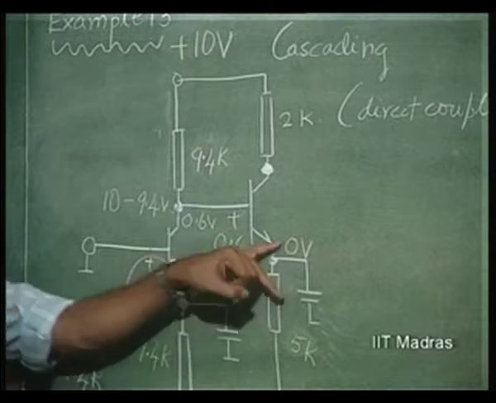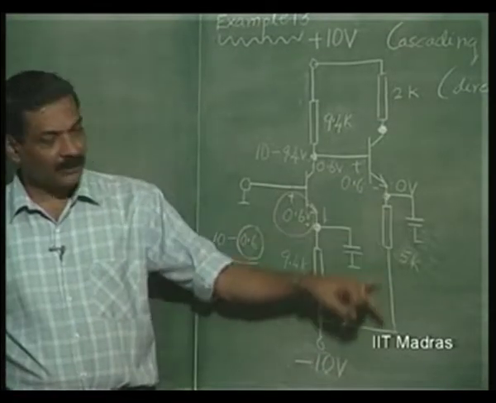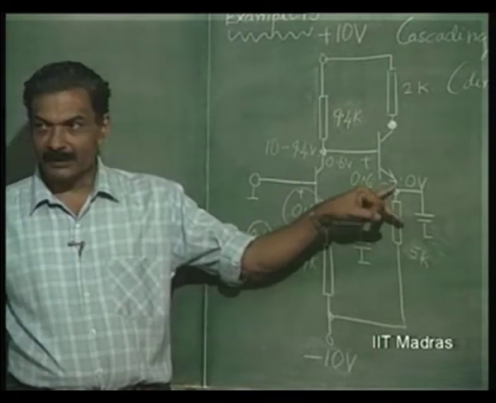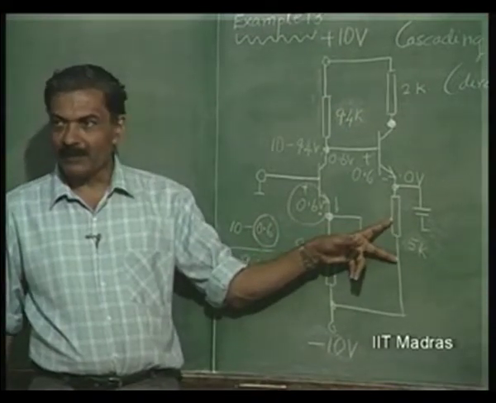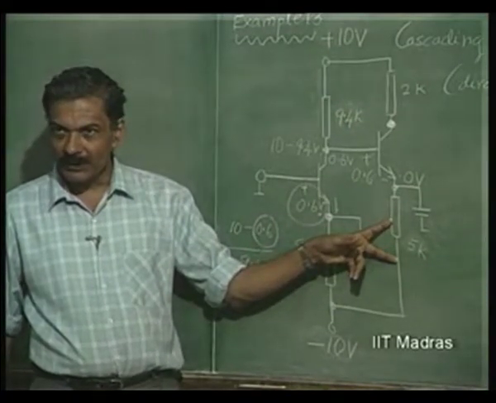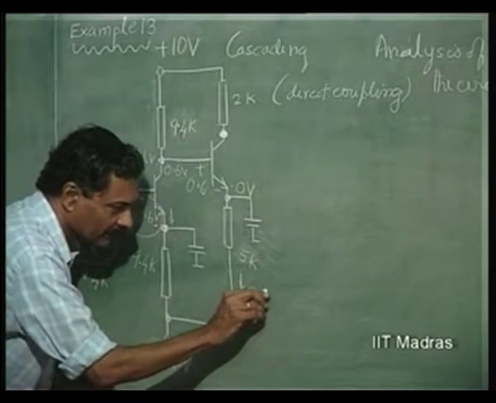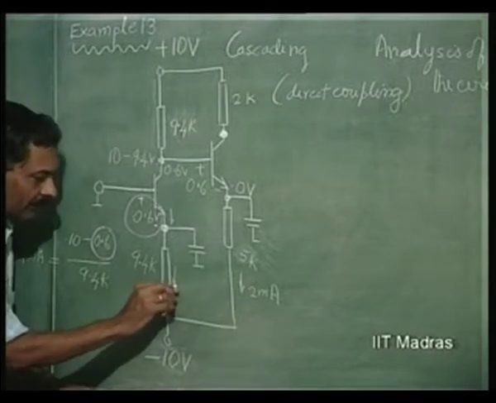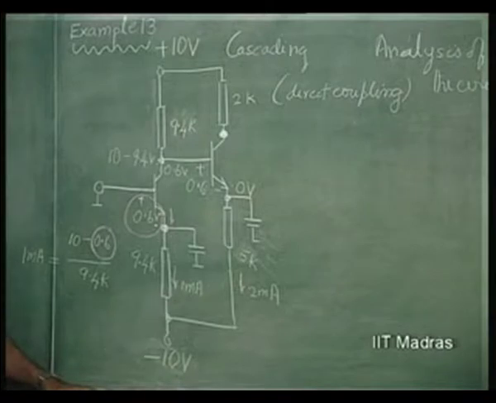This is 0 volts, this is minus 10 volts, and I have put a resistance of 5 kilo ohms. This is already 0 volts, this minus 10 volts. So, across 5K we have a drop of 10 volts. So, the current in this is 2 milliamperes. So, the current in this was 1 milliampere, the current in this is 2 milliamperes.